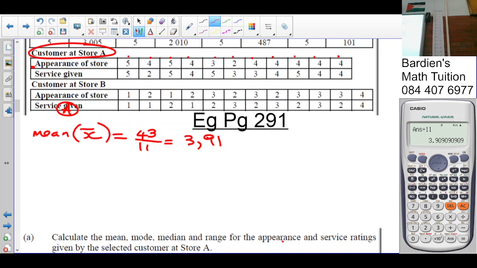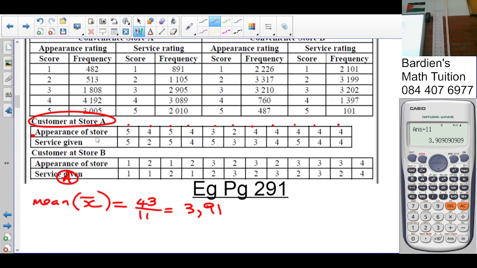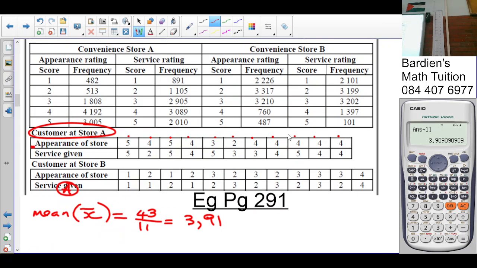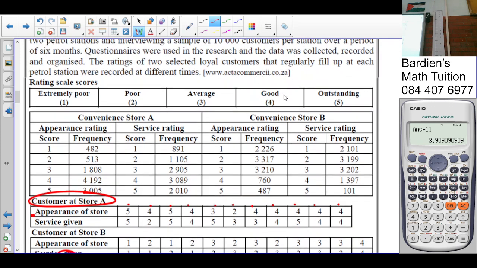Which means to say that over the 6-month period, the customer at store A feels good about the overall appearance over the 6 months. You guys understand?